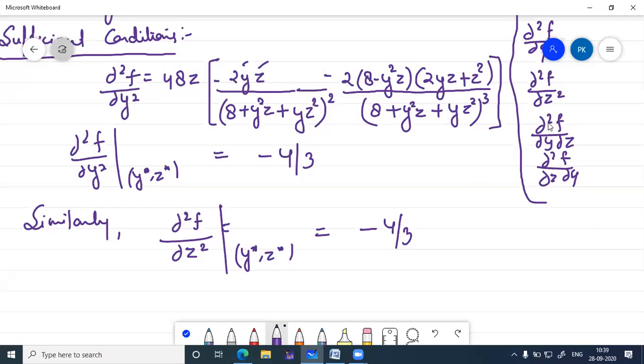Now the next second order partial derivative is del 2f by del y del z.